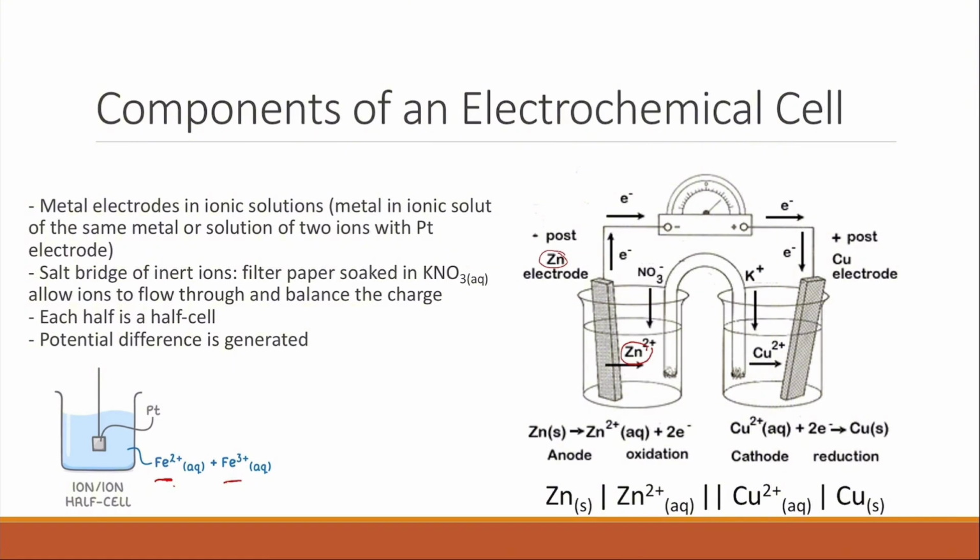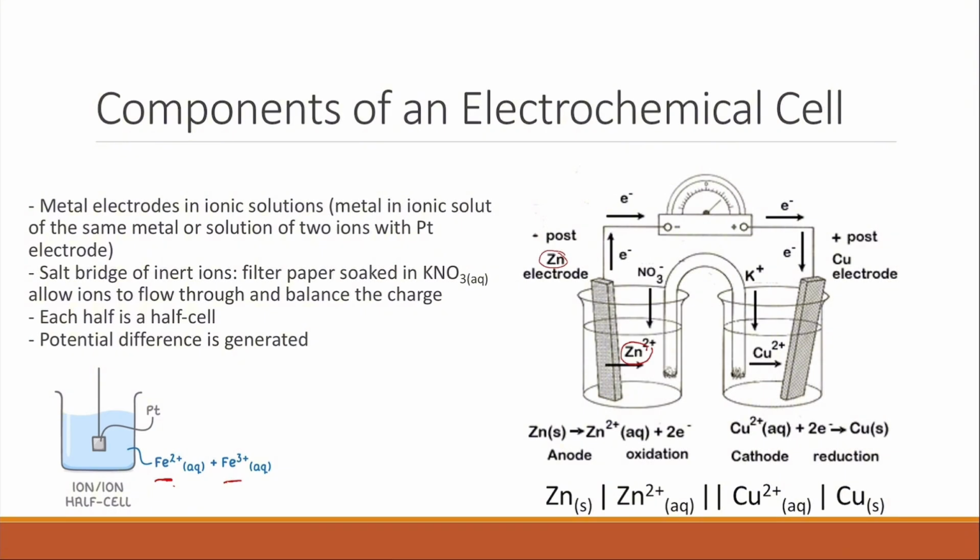We will connect the two electrodes from the outside with a voltmeter, which can measure the voltage or potential change. And we have to connect the two half cells with something called the salt bridge. The salt bridge will contain some inert ions.